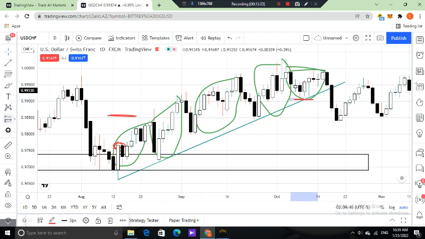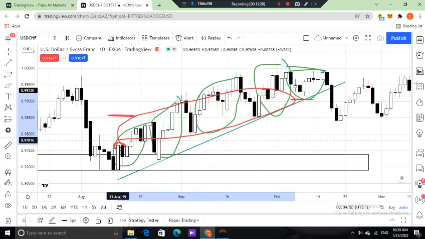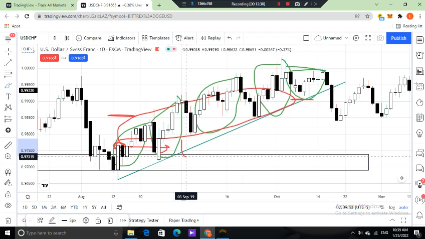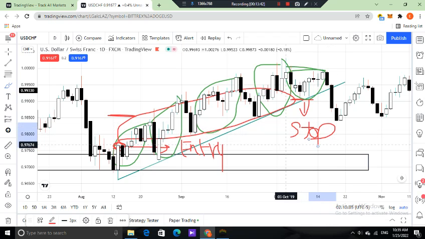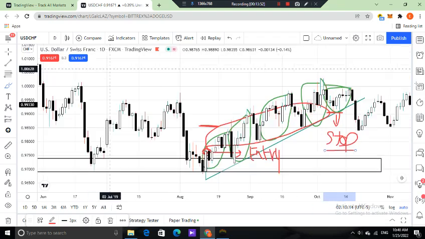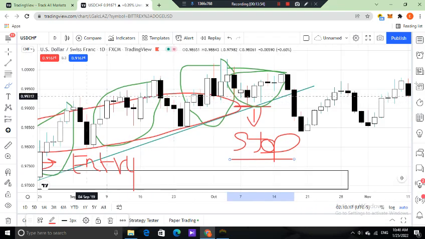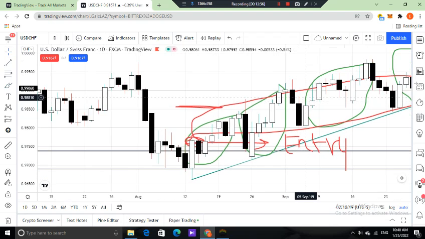You get this much profit, because that's your entry point, and this one is your stop. So basically in any condition you make a profit, even if it hits your stop loss, that's okay. You still have a profitable position.